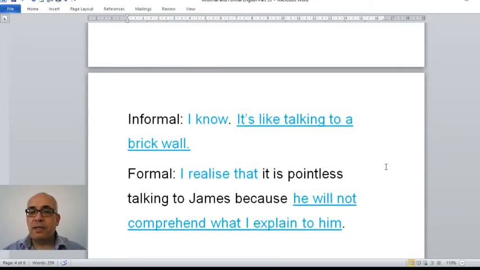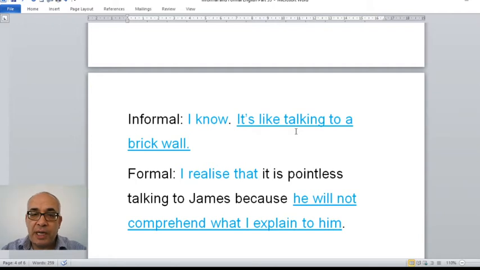I know. It is like talking to a brick wall. I know means I realize that, or I completely understand what you are trying to say. I realize that it is pointless talking to James because he will not comprehend what I explain to him. So what I do here, I change I know into I realize that, and then talking to a brick wall is an idiom, and idioms are informal.